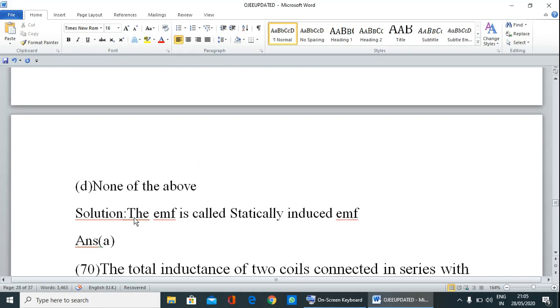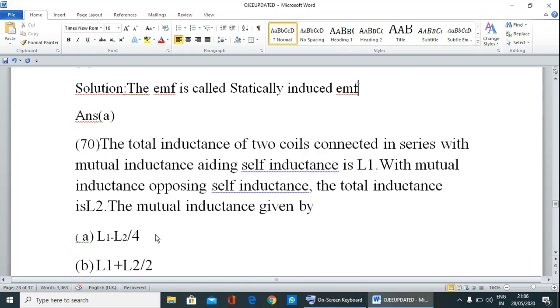The correct answer: the EMF is called statically induced EMF because in a transformer, the magnetic field is variable but the conductor is stationary. Therefore, this EMF is called statically induced EMF. So, answer A is the correct answer.